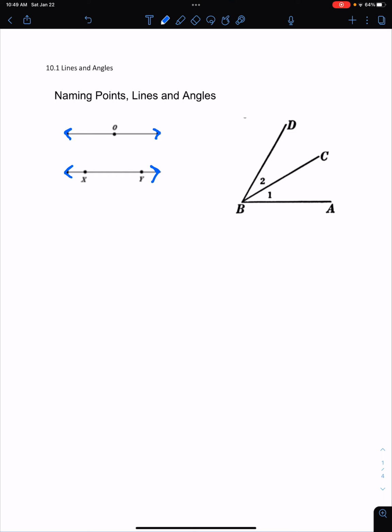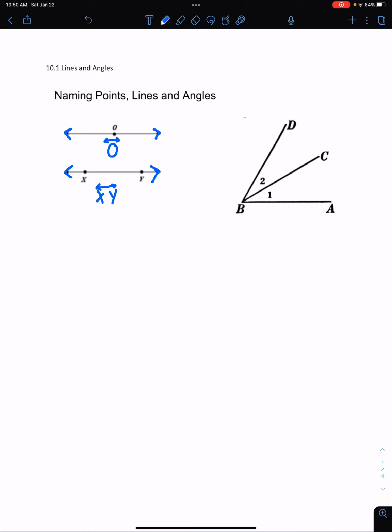So here we could label this first line O, and we put a little small representation of the line on top of the letter to show that it's a line. Same thing here with line XY. And we also put a little representation on top of the letters to show that this is indeed a line.